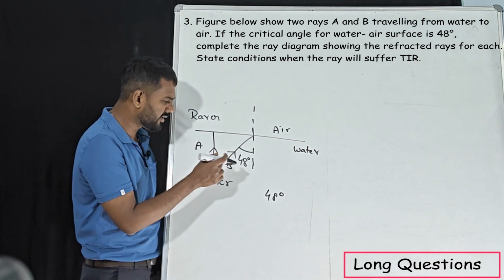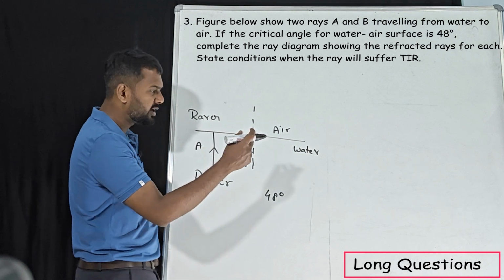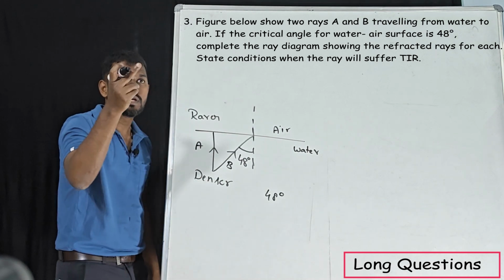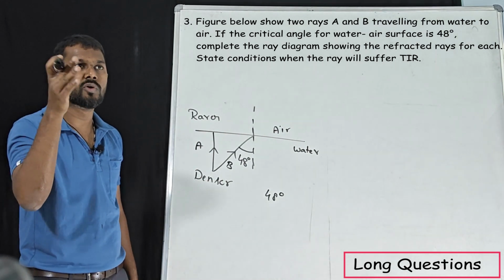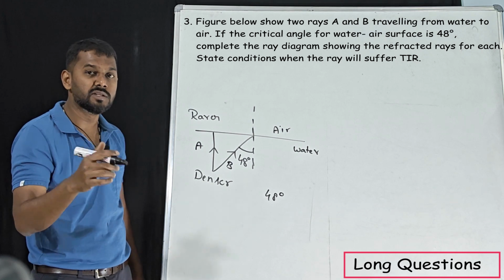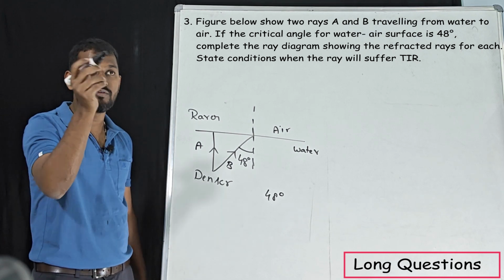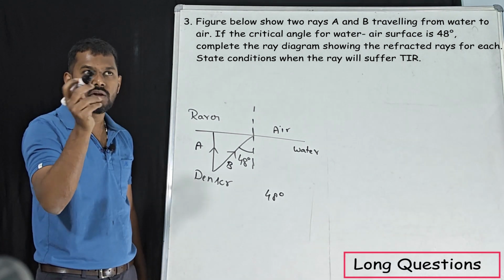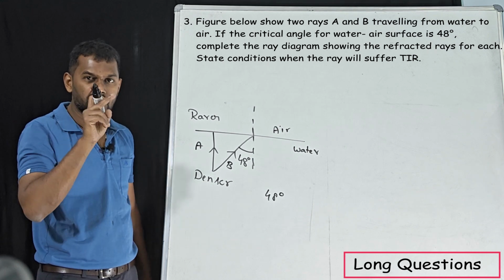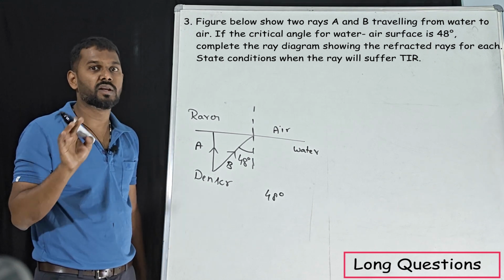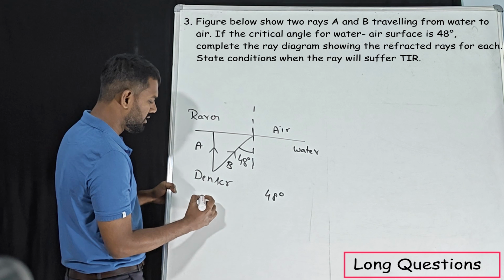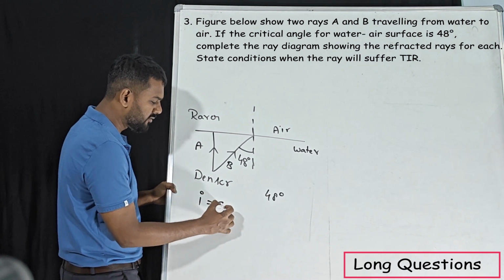They are asking for both. See, the ray diagram showing the refracted ray for each. Whenever they are talking about each, refracted for each, that means one is at the critical angle, one is total internal reflection. That means whenever i value is equal to C value.